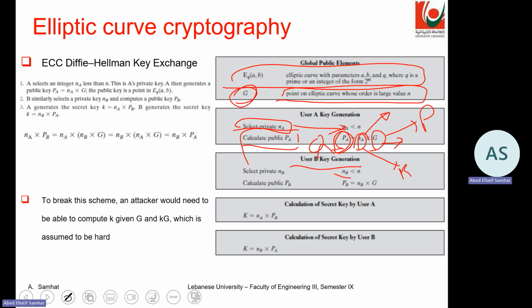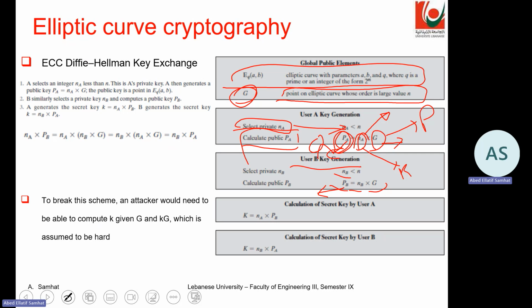select nB less than n, which is the private part, and calculate the public key PB equals nB times G. After that, they exchange the public keys: Bob will receive PA from Alice.